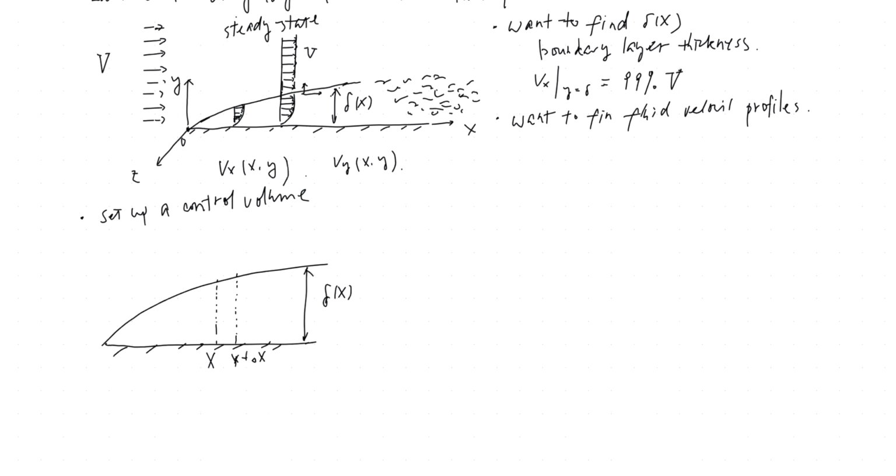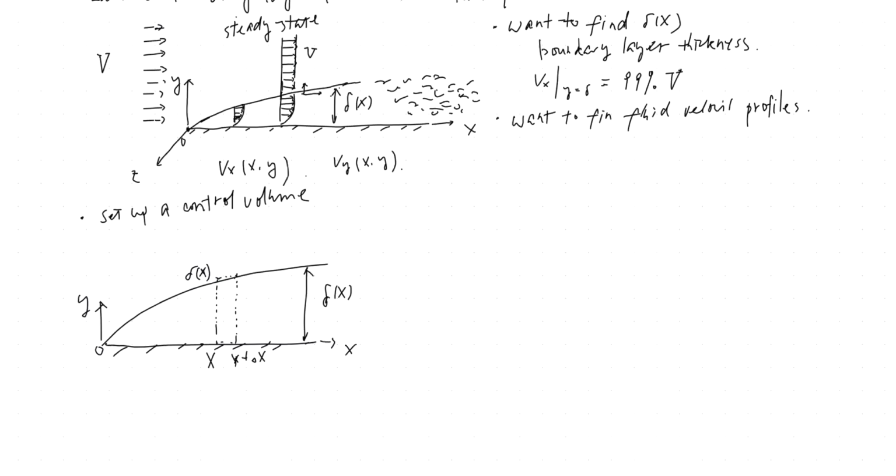And then let the height of the control volume be from y equal to 0 to y equal to delta. So the height of the control volume spans the entire region of the boundary layer.